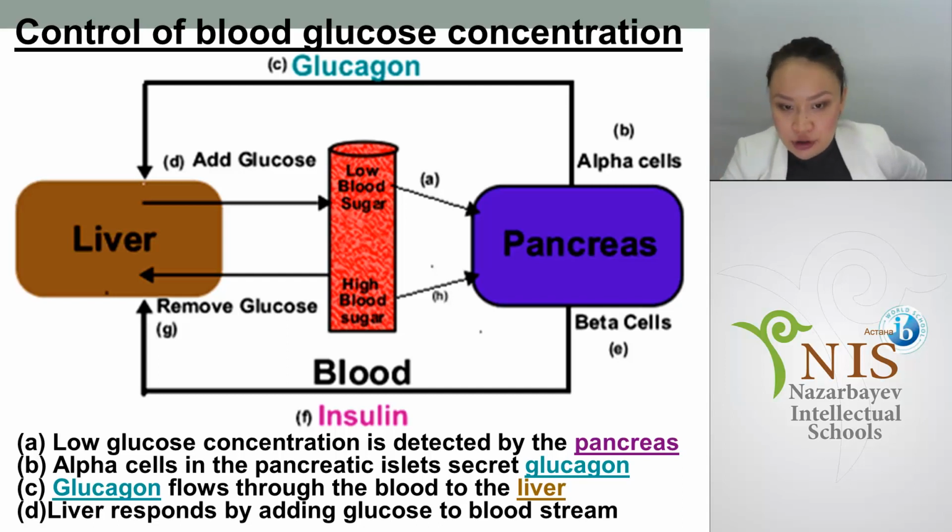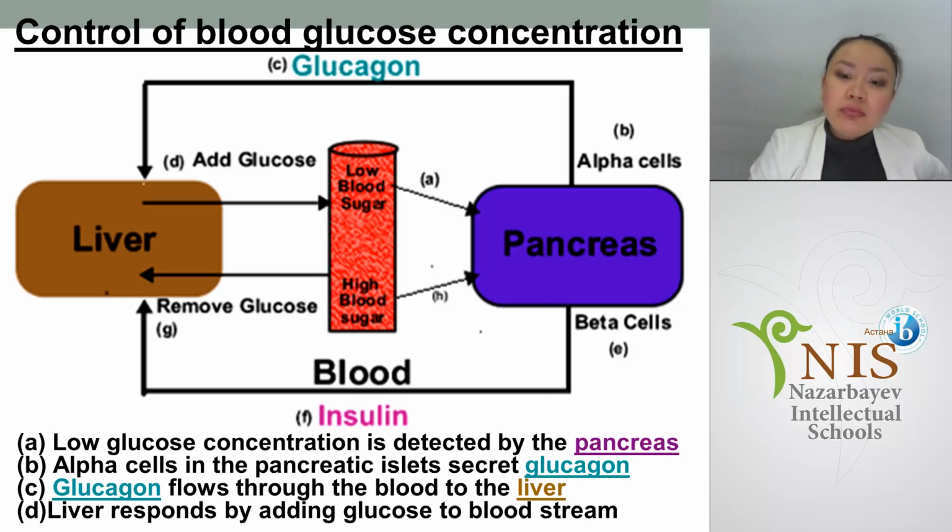And vice versa, for example, if the blood sugar level is low, then in the pancreas we have the second type of cells, which we call alpha cells.